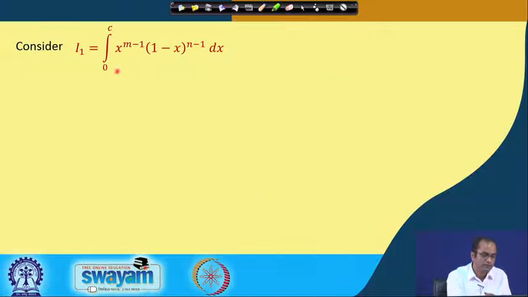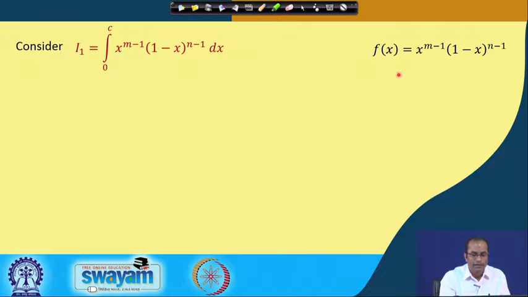So, in the first case, we will take I 1 as the integral from 0 to c of x power m minus 1 times 1 minus x power n minus 1 dx, and we take f x, the integrand of this improper integral, as x power m minus 1 times 1 minus x power n minus 1. Now, for the comparison, we have to take another function g x, because the problem is clear.